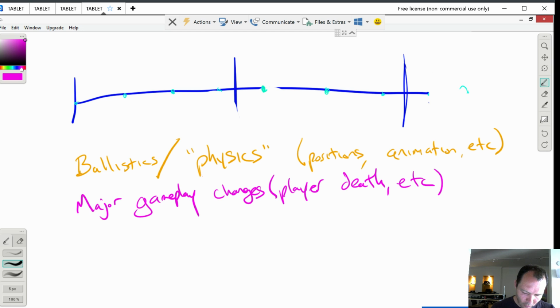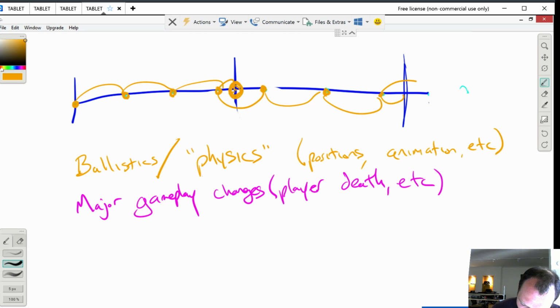Now, the idea is that we run the ballistics and physics basically every time we need to. So we run it in fixed time steps to get consistent results, right? And then we run an extra one here, but we're going to throw that away later, right? So we're going to go here, here, here, here, whoops, skip it, here, here, here, whoops, skip it, right? So we're going to do that for the purposes of drawing, but we'll skip it for the purposes of having a fixed frame rate.